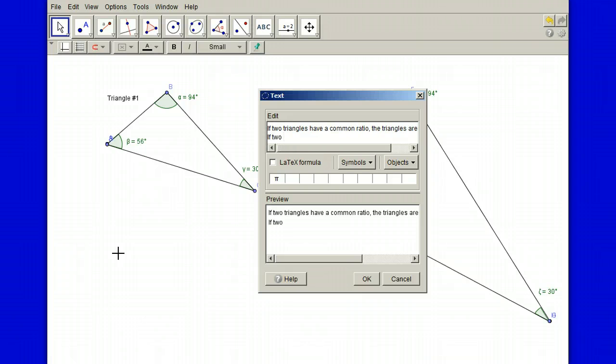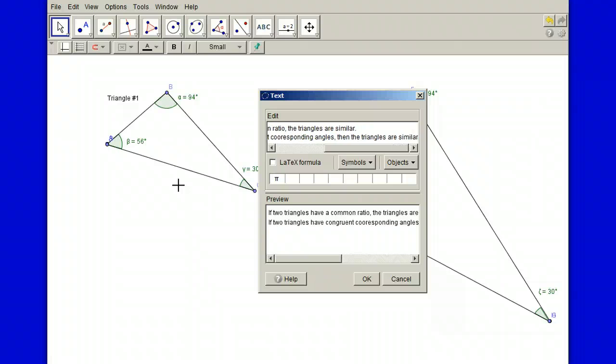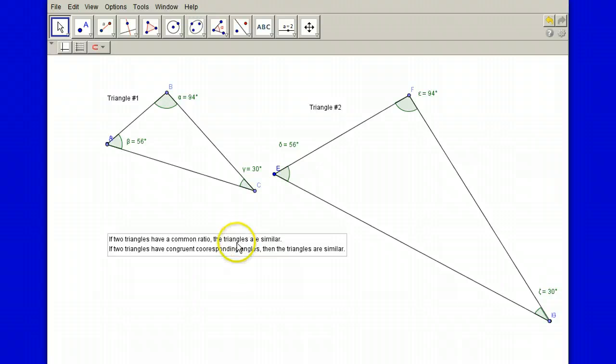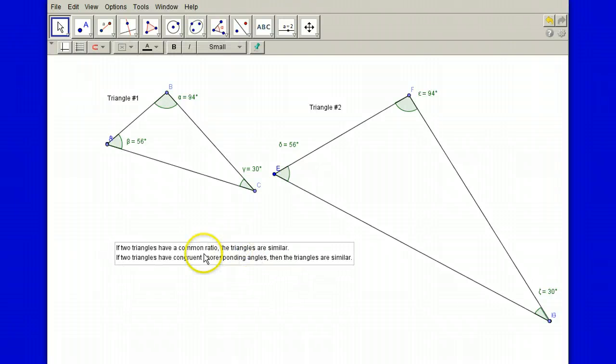If two triangles have congruent corresponding angles, then the triangles are similar. Okay, so here is our discovery. If two triangles have a common ratio, the triangles are similar. If two triangles have congruent corresponding angles, then the triangles are similar.